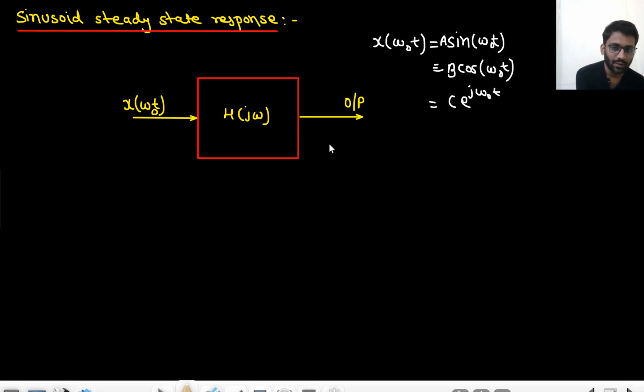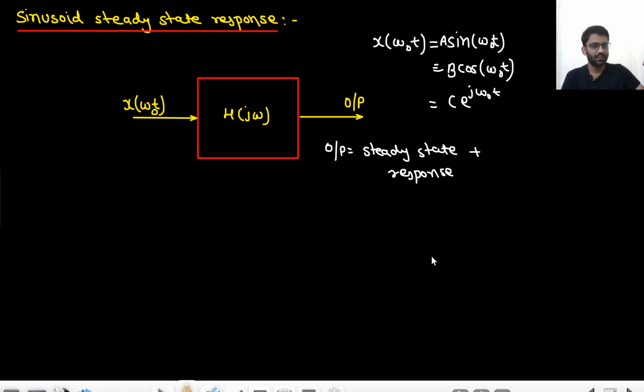Now this output will have two responses: steady state response and transient response. Every output has these two responses.